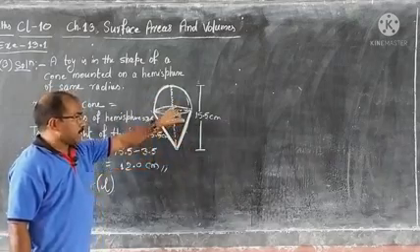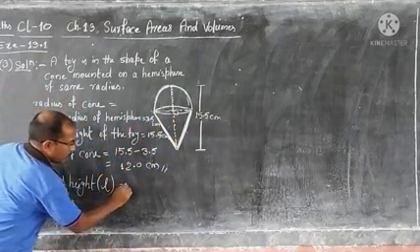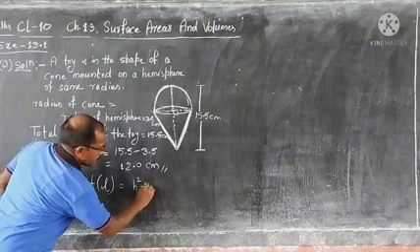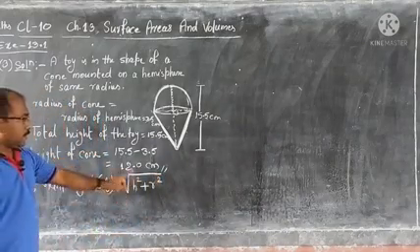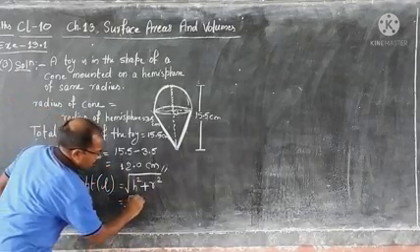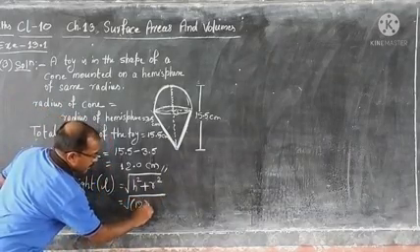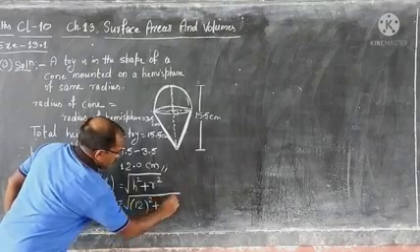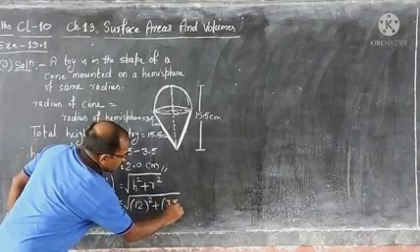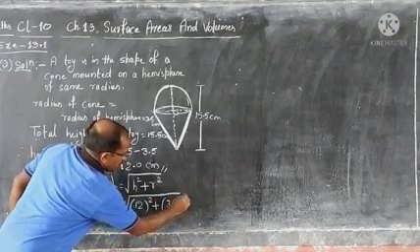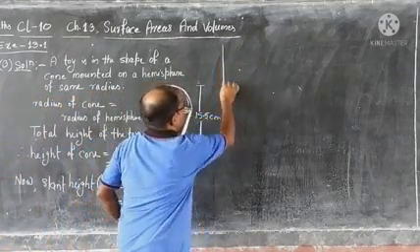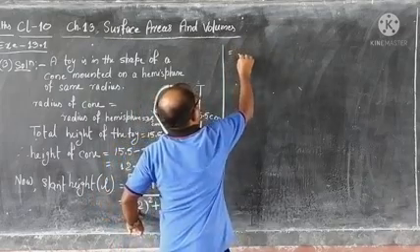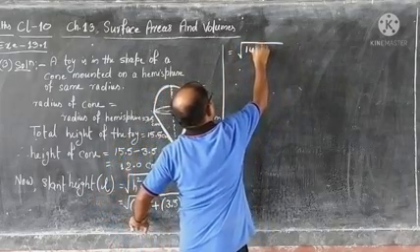Here L, H, R. So, L is equal to the square root of H square plus R square. Height is 12, so 12 square, radius is 3.5, 3.5 square. We need to calculate. 12 square is 144.